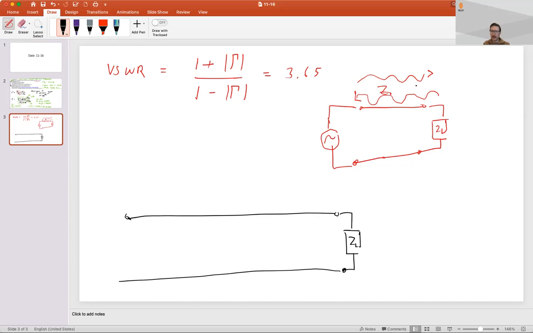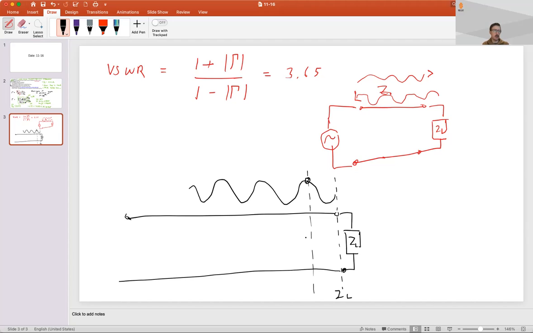These two waves are going to combine into something, let's say like this. And what we're wondering right now is, this is where the load is. This would be the maxima, the maximum voltage nearest the load.